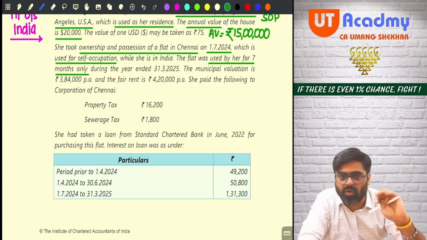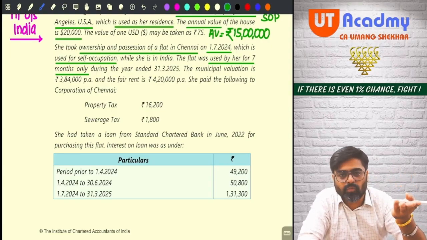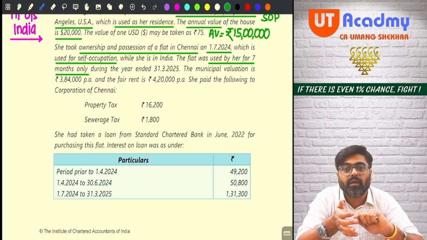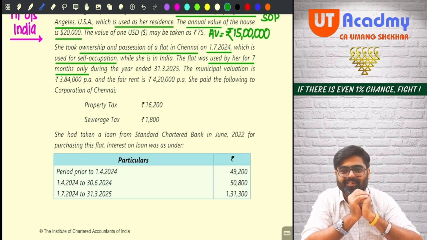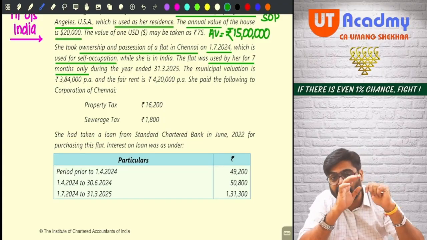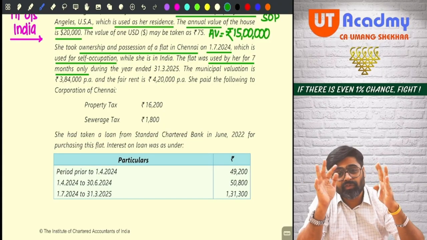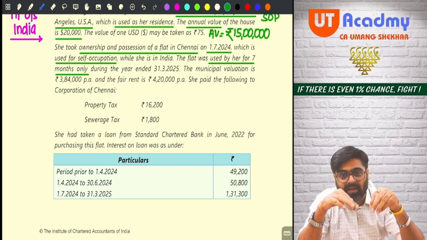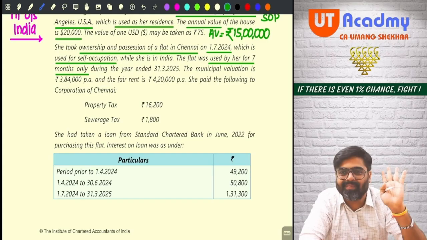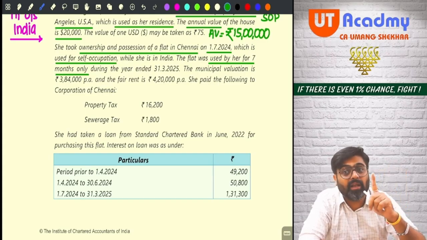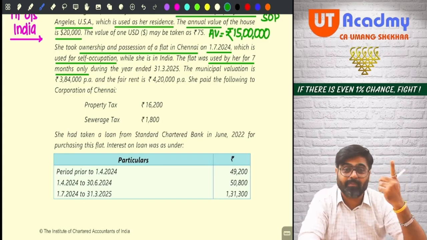Are they saying that? No. Meaning that for the remaining 2 months the property could have been under lock and key, vacant. So is she taking any financial benefit out of this property? No. So if she is not taking any economic or financial benefit out of this property, it can be very well treated as what? SOP. But the moment she'll let out this property, it will become LOP.